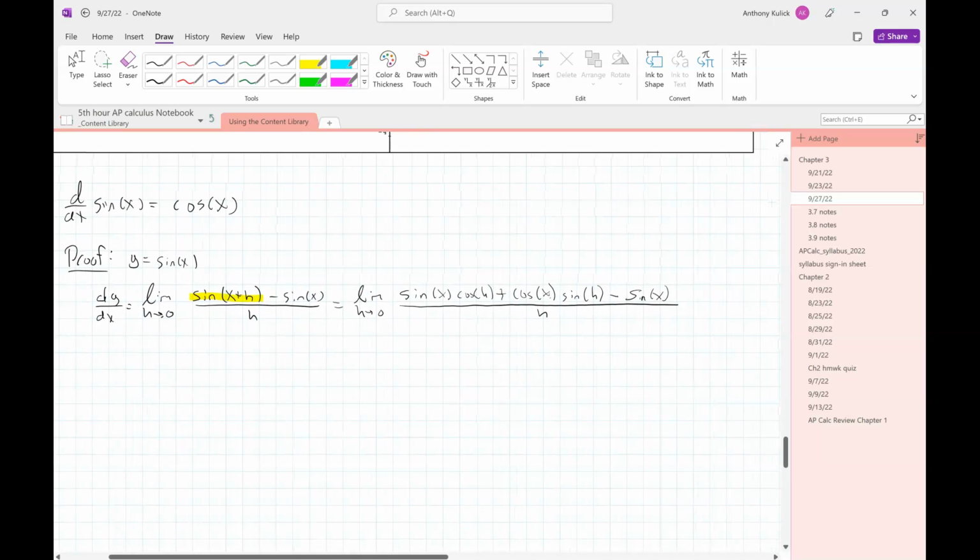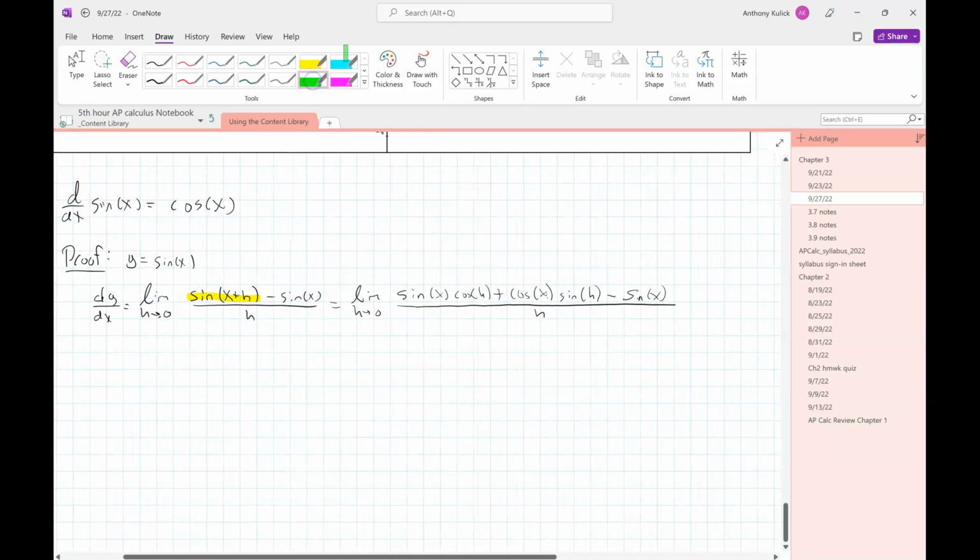So I notice now that I have a greatest common factor of sine in those two terms. So I'm going to take just those two terms and factor off that sine x.